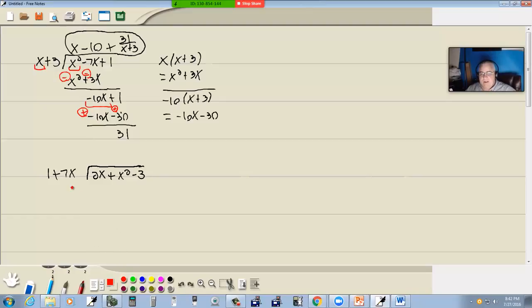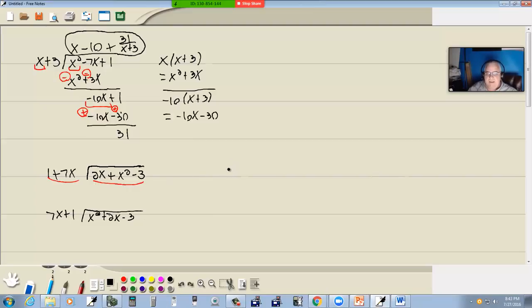What's out in front and what's underneath have to be in standard form. So this one I'd rewrite as 7x plus 1. This one I'd rewrite as x squared plus 2x minus 3. Now in standard form, your terms are arranged from largest power down to smallest. So x squared, x, no x. So this is in standard form.